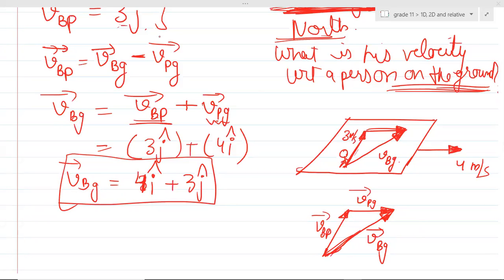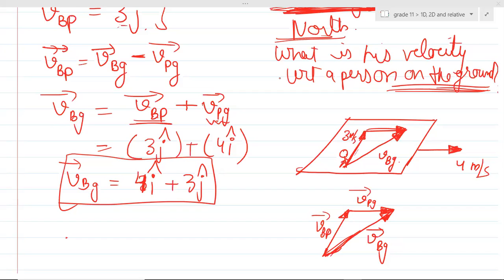Now, this is one answer. What if someone asks you what is the speed with which VBG is addition? Can you see over here VBG? This was by the concept of relative velocity, yes or no?